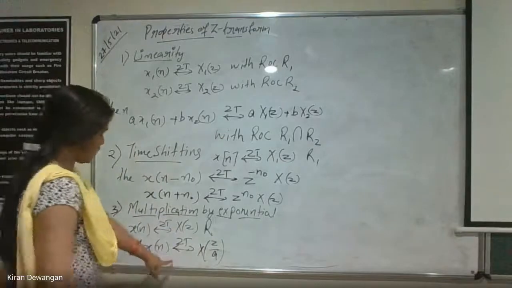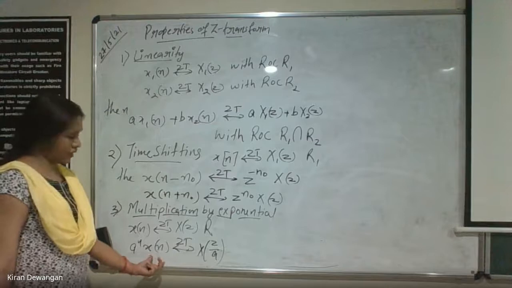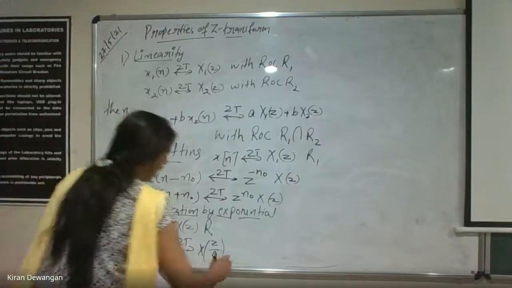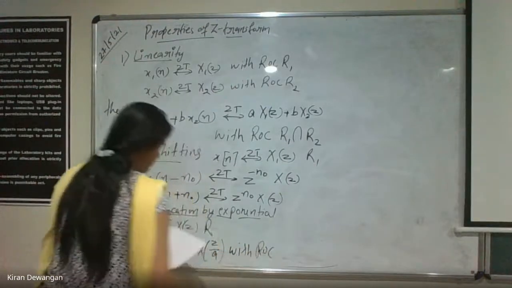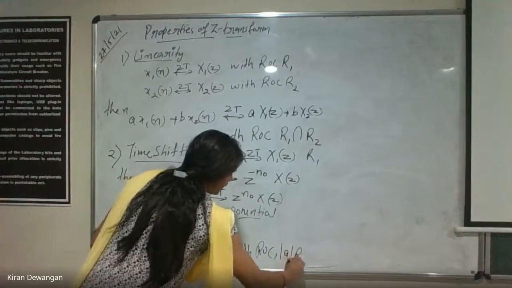If I am multiplying this term a to the power n into x of n, it will have Z transform X of z by a with ROC mod of a into R.